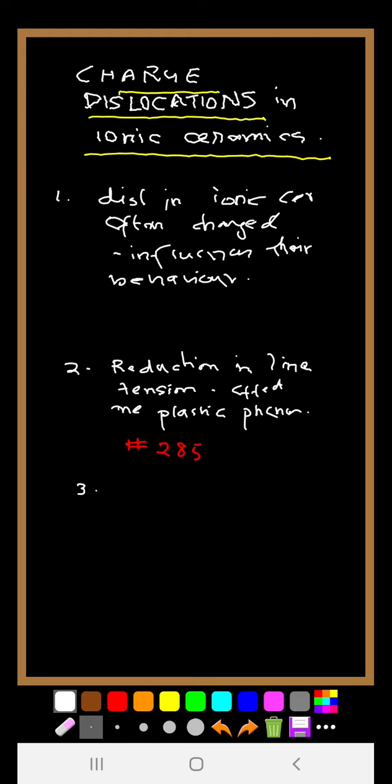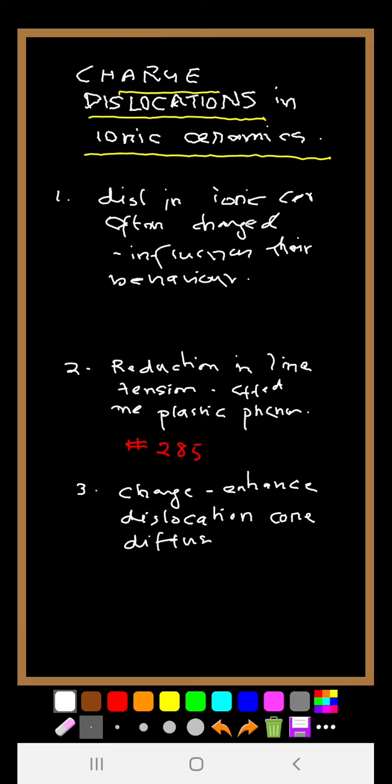The third point is that charge will enhance dislocation core diffusion, and it has been used to explain the diffusion controlled high temperature creep in alkali halides.